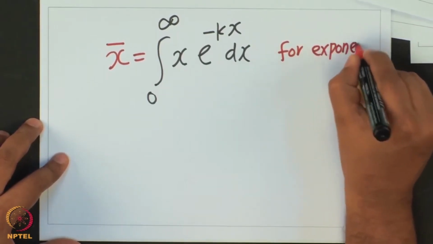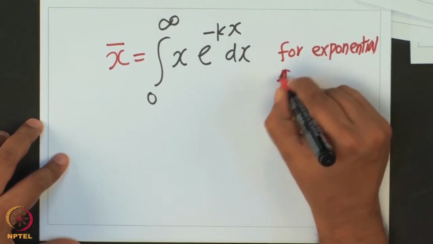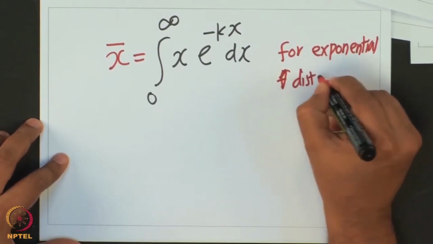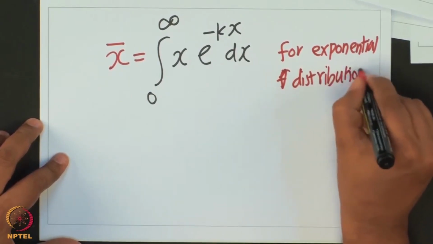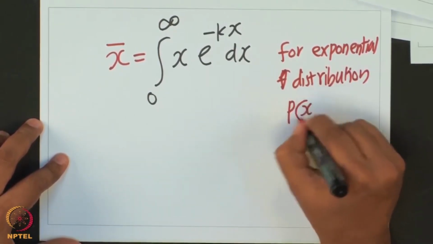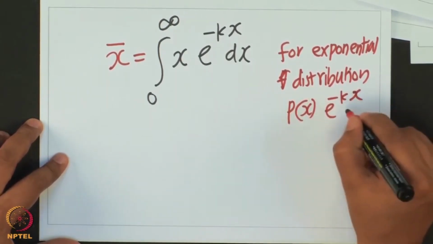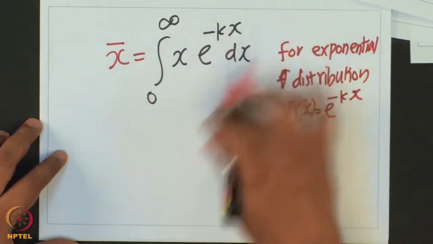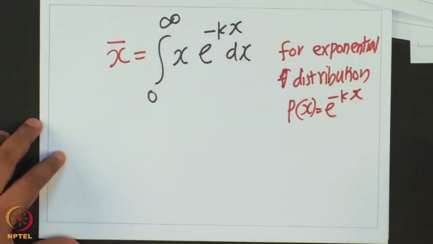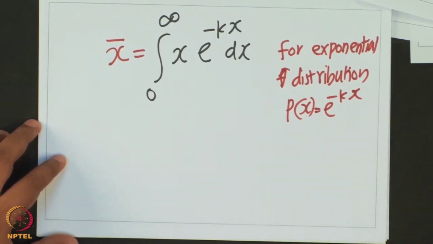If you have something x that is exponentially distributed, you have a distribution which is e power minus kx, then we would calculate integrals like this, and that would be very useful.